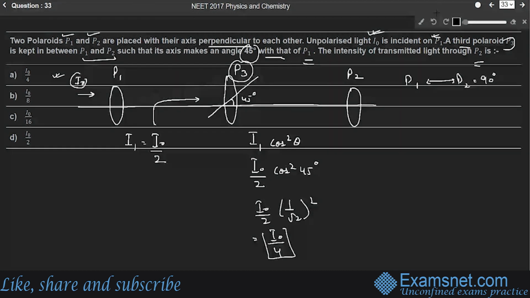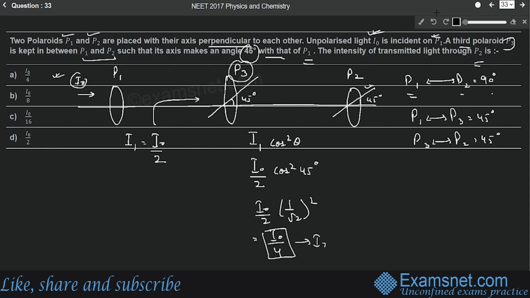Now this light with intensity I0 by 4 will be entering this P2. And what is the angle here? Again, it will be 45 degree because we know that the angle between P1 and P2 is 90 degree, and the angle between P1 and P3 is 45 degree. Therefore, the angle between P3 and P2 will also be 45 degree, so the total will add up to 90 degree. Let's say this is I2.